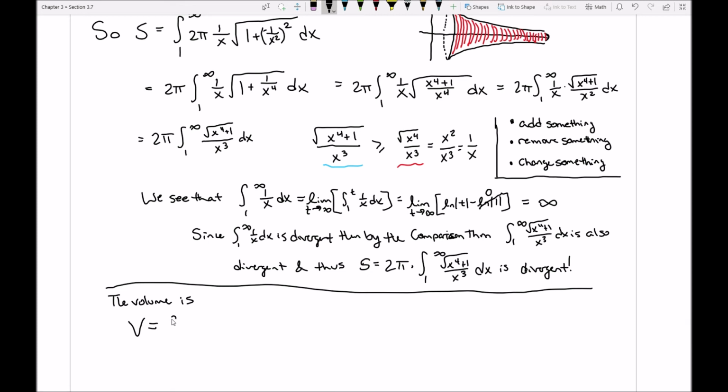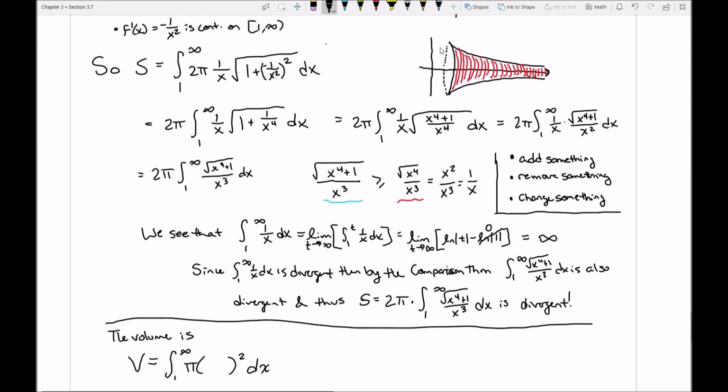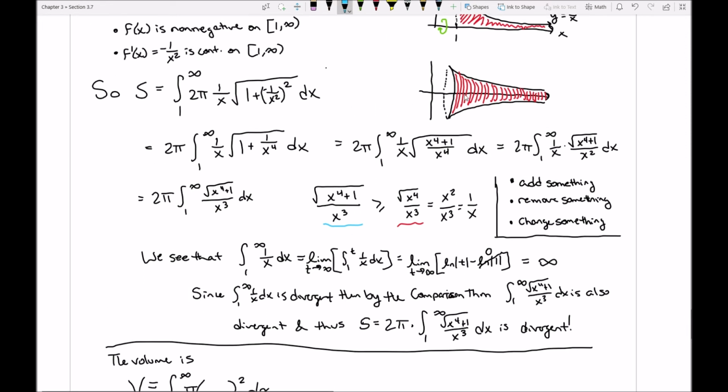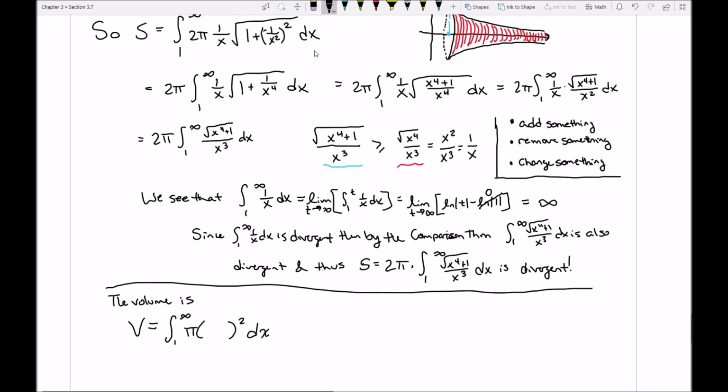Okay, so what I got is an integral that goes from 1 to infinity. I'm adding up these cross sections, which are cylinders with a little bit of thickness. So I'm going to need a pi r squared dx. Notice that the radius up here of one of these circles is going to be going from my x-axis up to the function. So I'm actually going to have a radius here of 1 over x.